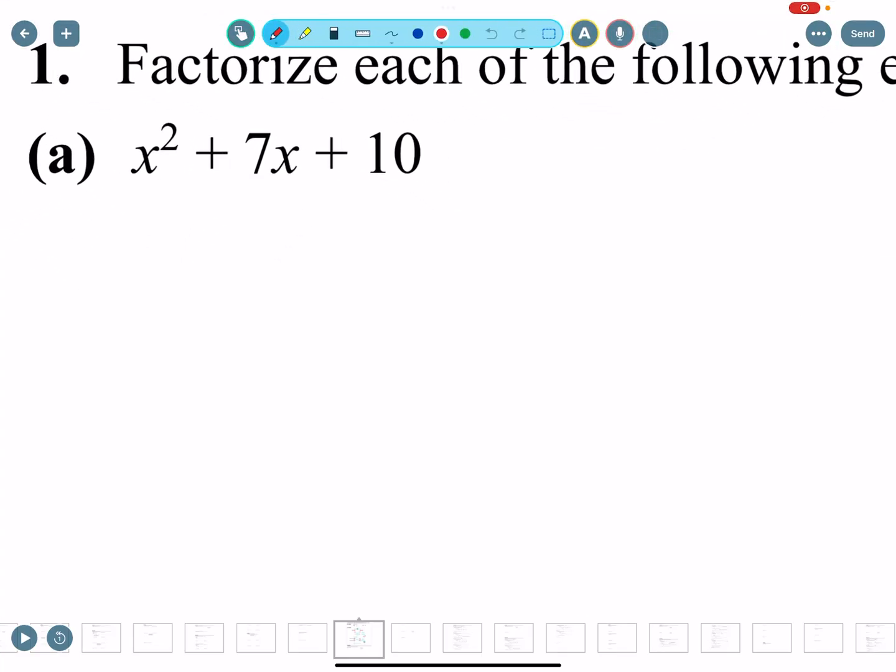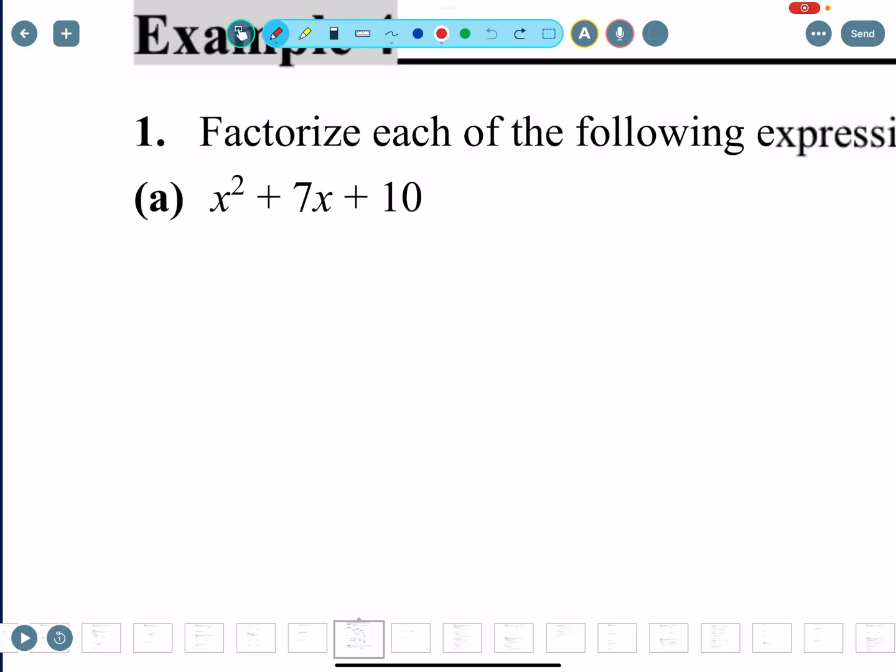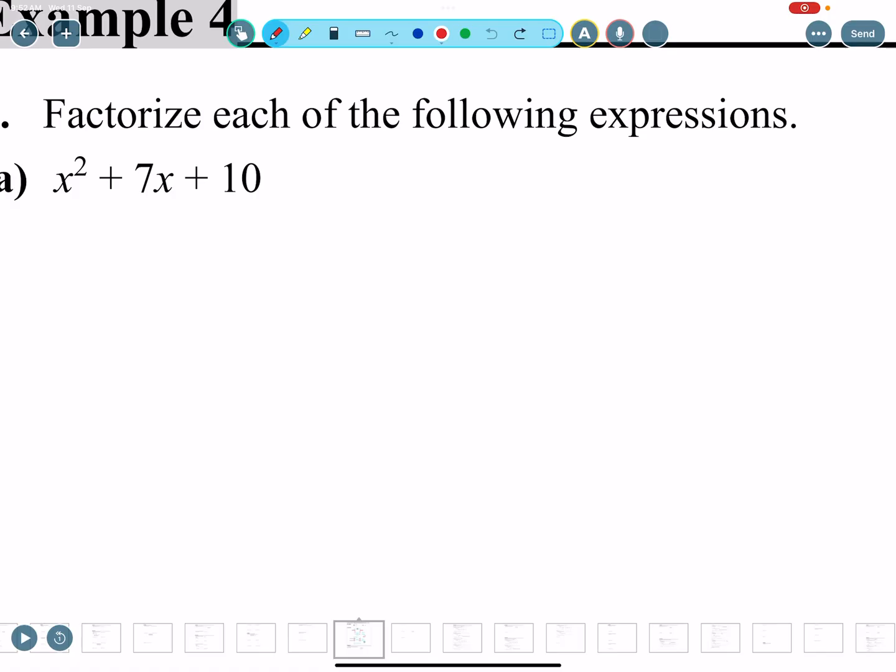So the most simple one is here, where x doesn't have a coefficient next to it. There is only one combination for x. We always make the first one positive, both positive, and then we change the right one, either positive or negative, right? 10 can be changed to two factors, 10 times 1, or 5 times 2.